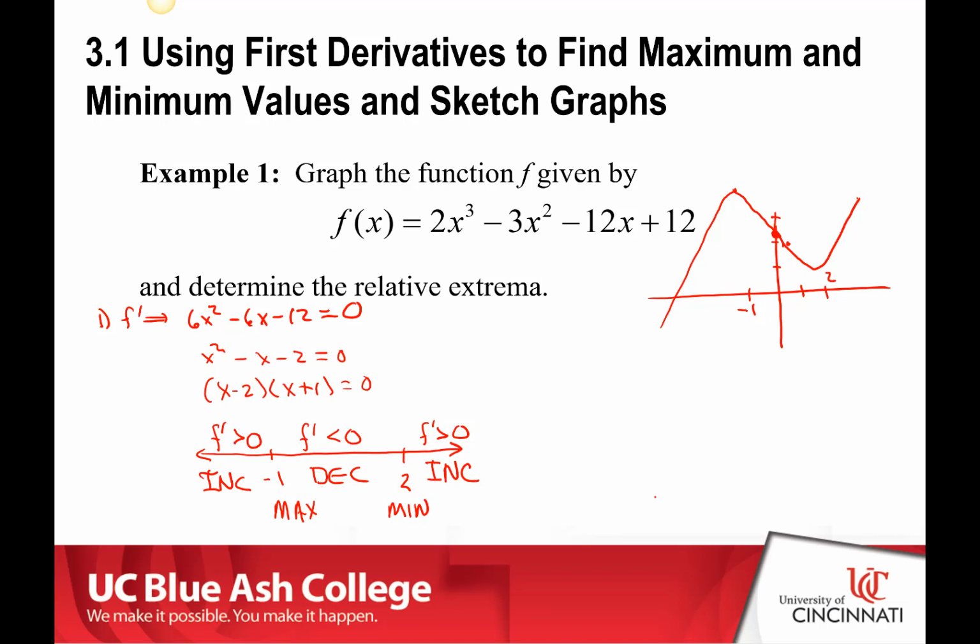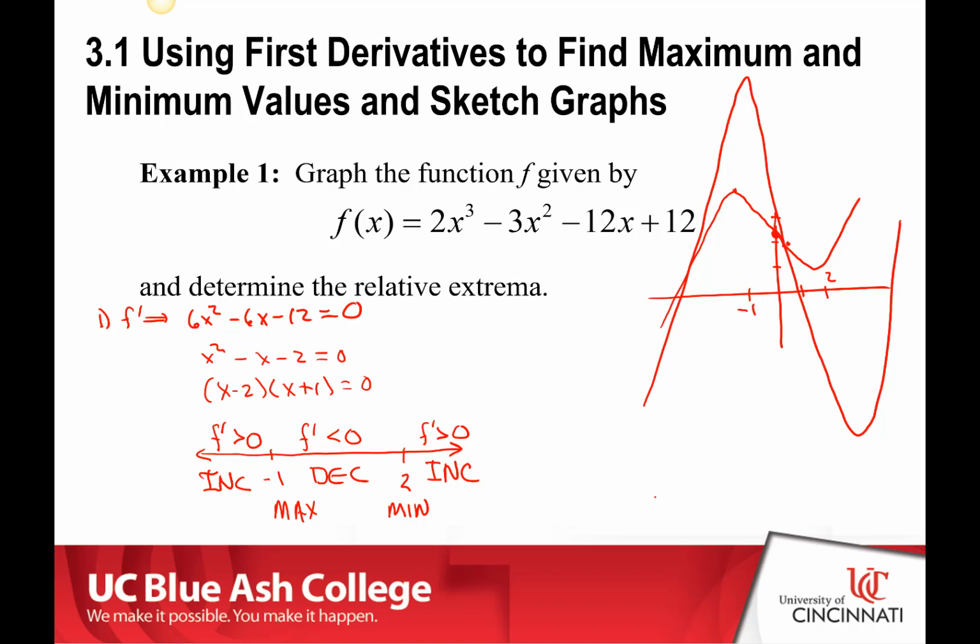The only issue with this graph is I don't know the coordinates of the maximum point. Neither do I know the coordinates of the minimum point. It could look like that, or it could have a lot more amplitude to it.